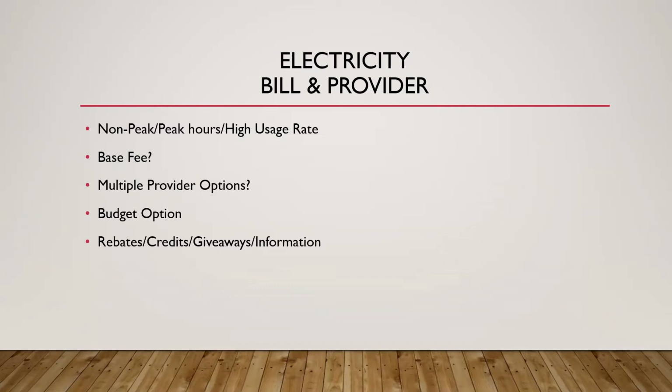So with a budget option, they would look at your bill, and they'd be like, okay, Mr. Homeowner, you on average spend $150 per month in electricity. Now the high end we'll say is $350, and the low end is $75. So we're going to say $150 is your average.